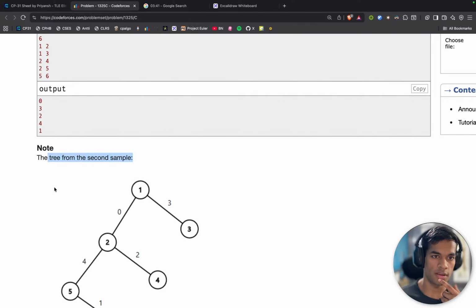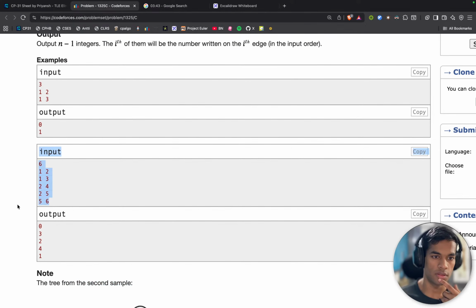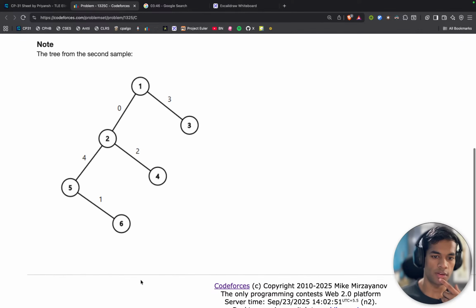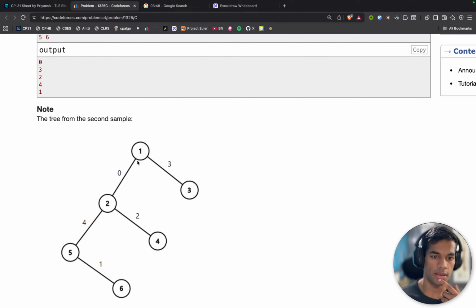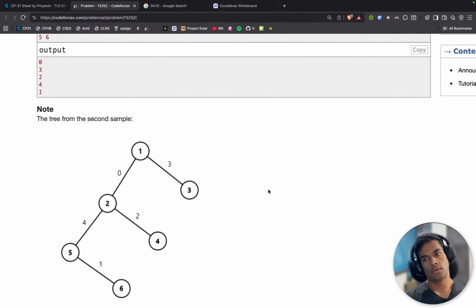Tree from the second simple graph, which is this. All of these are connected, and if we take max of it, what we want is 0 and 3.